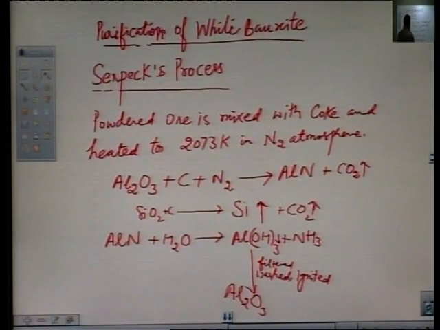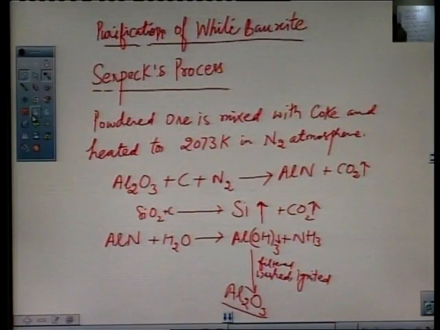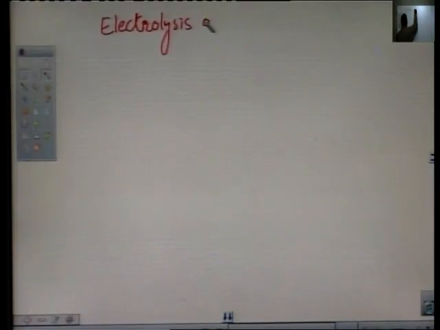The alumina formed in Serpek process, or in Baeyer process or Hall process, is again forwarded for electrolysis. So next is electrolysis of pure alumina.